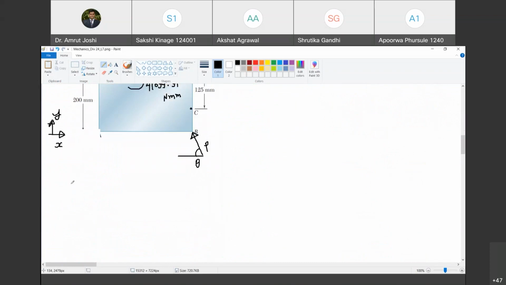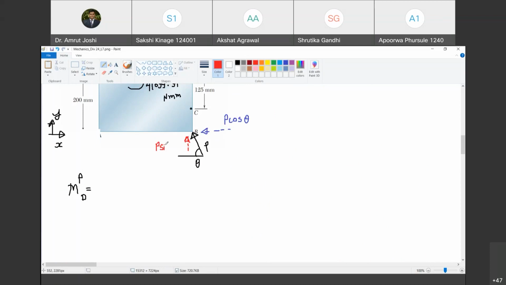So can we now write down the moment produced by P at D by resolving it along two components? Can I resolve this P along two components? One will be like this, and this component I am going to call P cos theta. Do you agree with me? Yes, sir. And the other component is going to be something like this, and I am going to call that P sin theta.